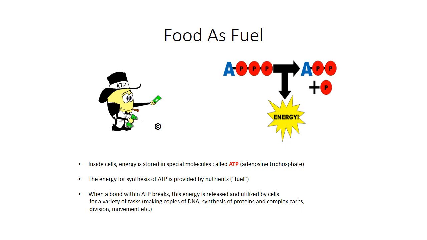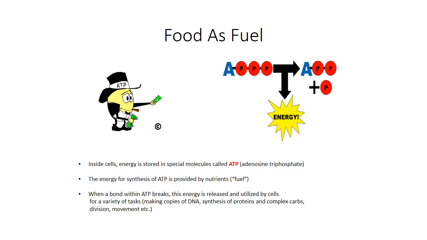So basically, all our nutrients are utilized not just to provide us with energy. That's a very broad definition. We need nutrients because when their chemical bonds are broken down, they provide energy for synthesis of the ATP.